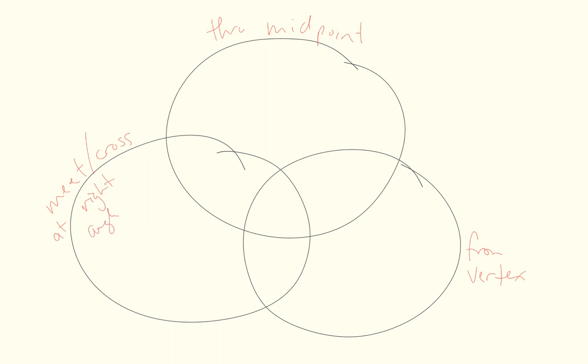And so if something goes through a midpoint and it meets at a right angle, then it must be a perpendicular bisector. If it were to go through a midpoint but come from a vertex, well, it must be a median. And if it were to meet or cross at a right angle but come from a vertex, then we must be talking about an altitude.